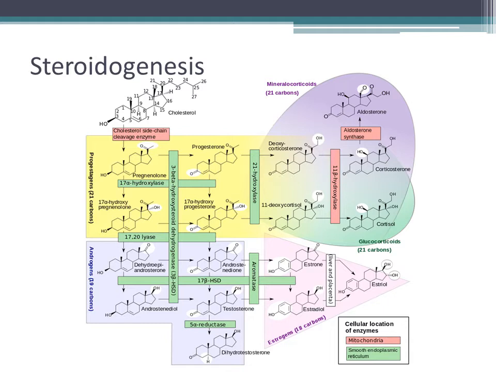So you will end up having a lot of testosterone as a consequence of the very high stimulatory signal by high ACTH as an end result in congenital adrenal hyperplasia. So that's one of the endpoints.